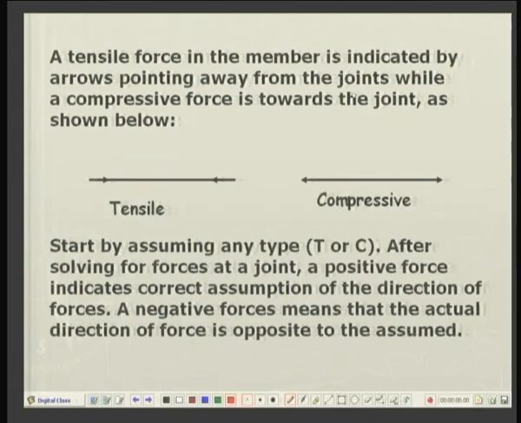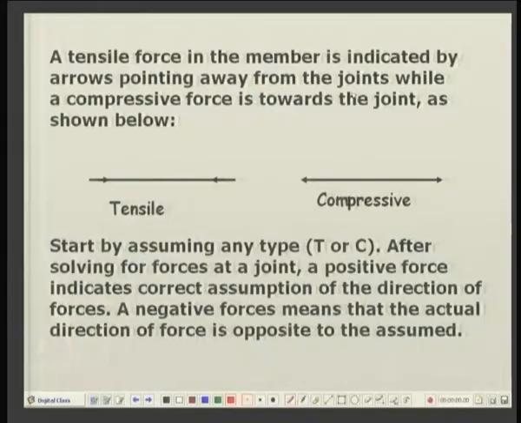Now, how to label these forces, how to identify whether these forces are tensile forces in the member or compressive forces on the member? Generally, we identify the forces as to how they are acting on the joints.